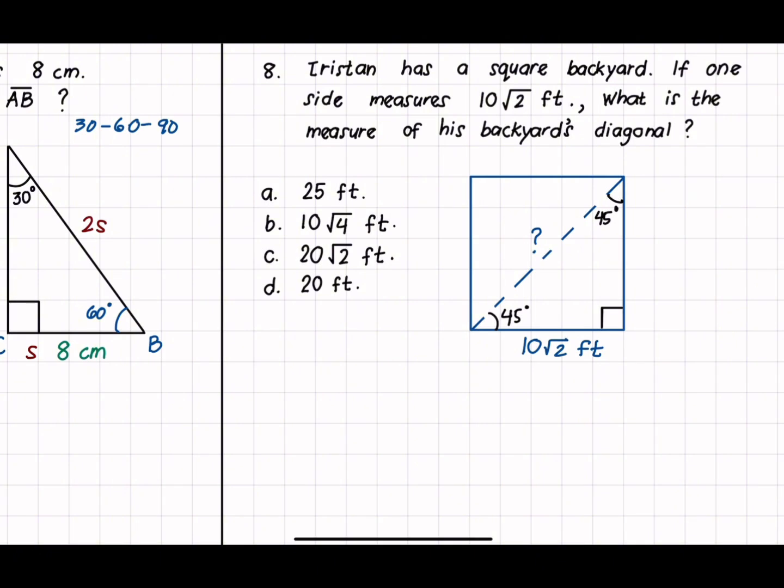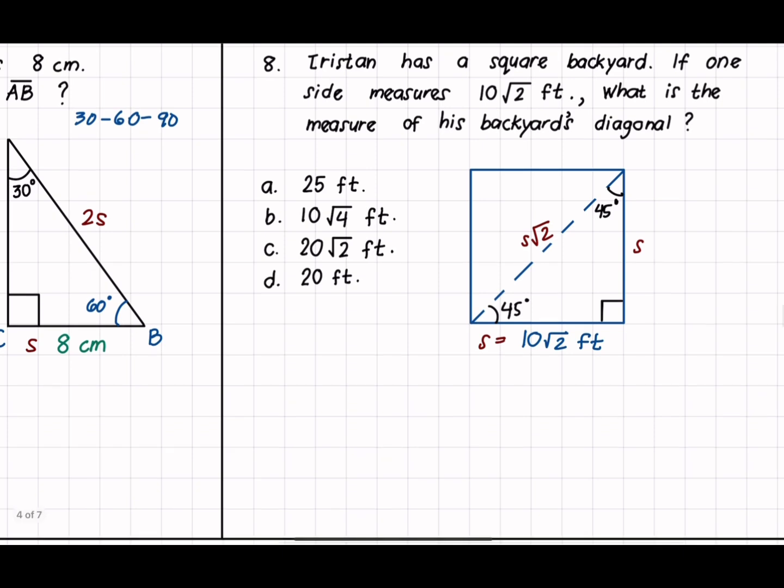And just a quick review, in a 45, 45, 90 degree triangle, the side is S, and the diagonal or the hypotenuse is S square root of 2. Since we already have our S, which is 10 square root of 2, we can solve for the hypotenuse.